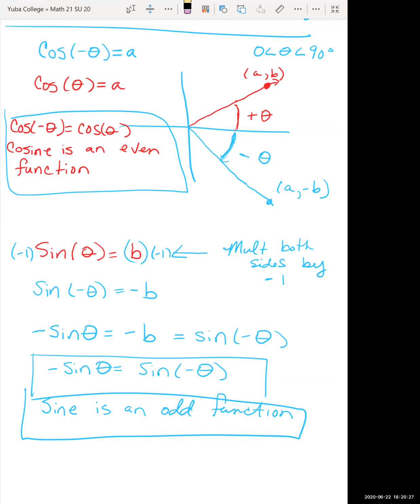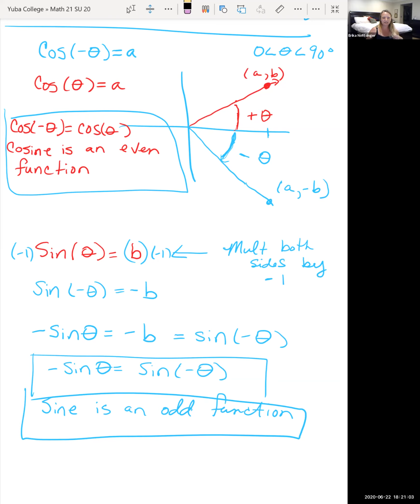Well, if I went positive theta, it's the same measure, but it's just saying to go in the opposite direction. And so if I looked at the point on here, my x values are going to stay the same, but my y values are changing signs depending on if I had negative theta or positive theta. Okay, thank you. Then you got that? Yeah. So basically, that's how we can derive it.